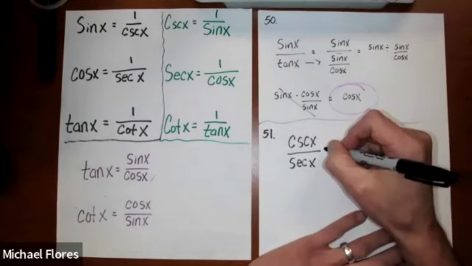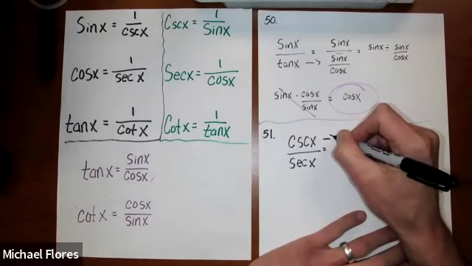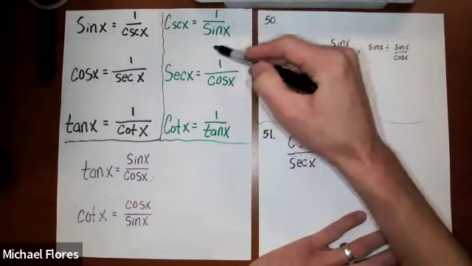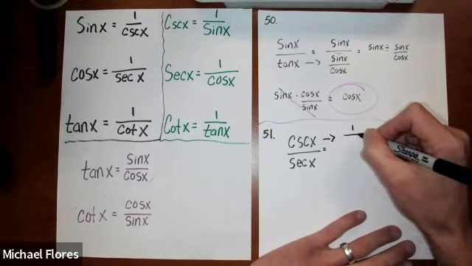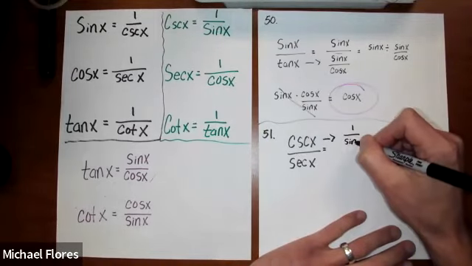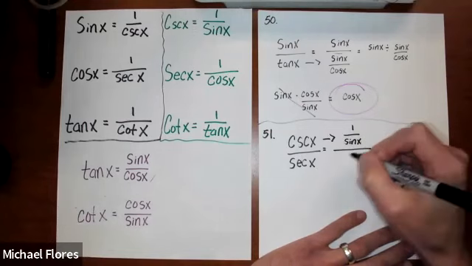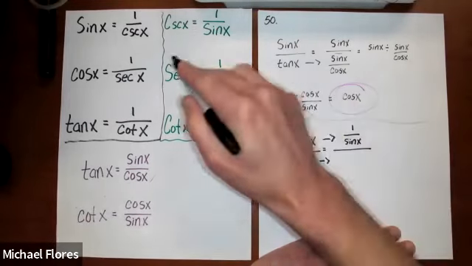Okay, let's change cosecant to its reciprocal identity. And secant to its reciprocal identity.